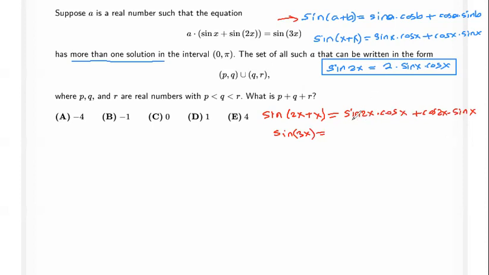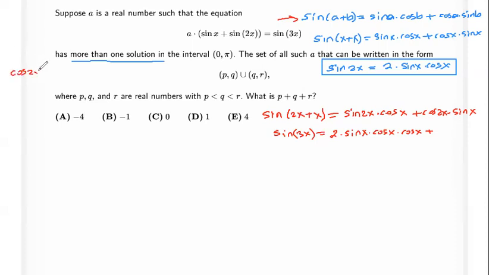So we have sine 2x. If I expand sine 2x, which is 2 times sine x times cosine x, I will write 2 times sine x times cosine x. But there is another cosine, so I'm going to leave it as it is. And plus, we have cosine 2x. If you do remember the cosine 2x, it's good to remember now. There are a couple of ways to write cosine 2x, so I'm going to write it here.